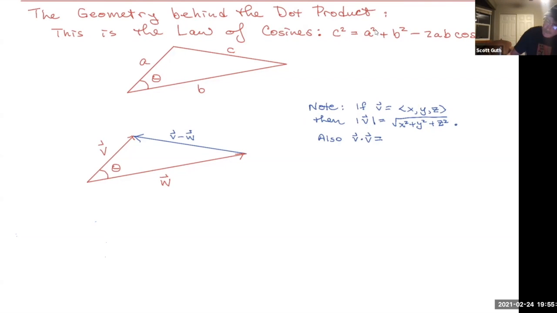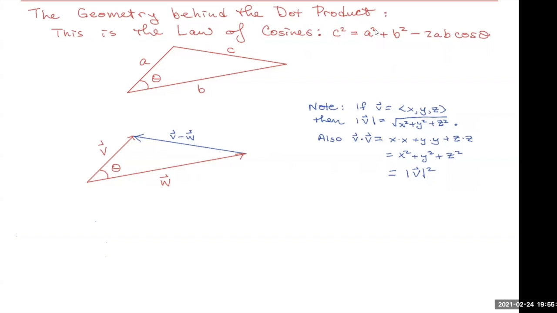So you would do X times X plus Y times Y plus Z times Z. And of course, that's just X squared plus Y squared plus Z squared. Which you may as well note, that's the magnitude of V squared. Agreed? Yes.